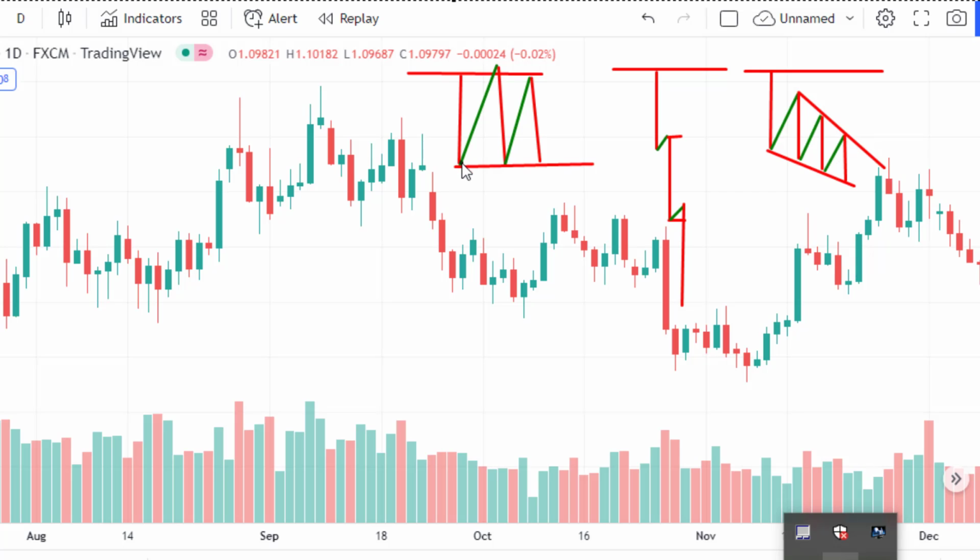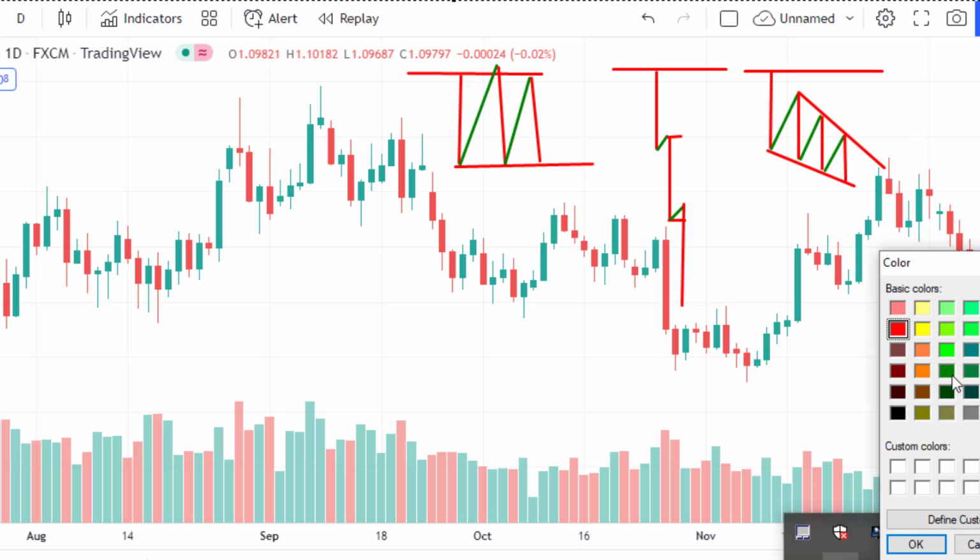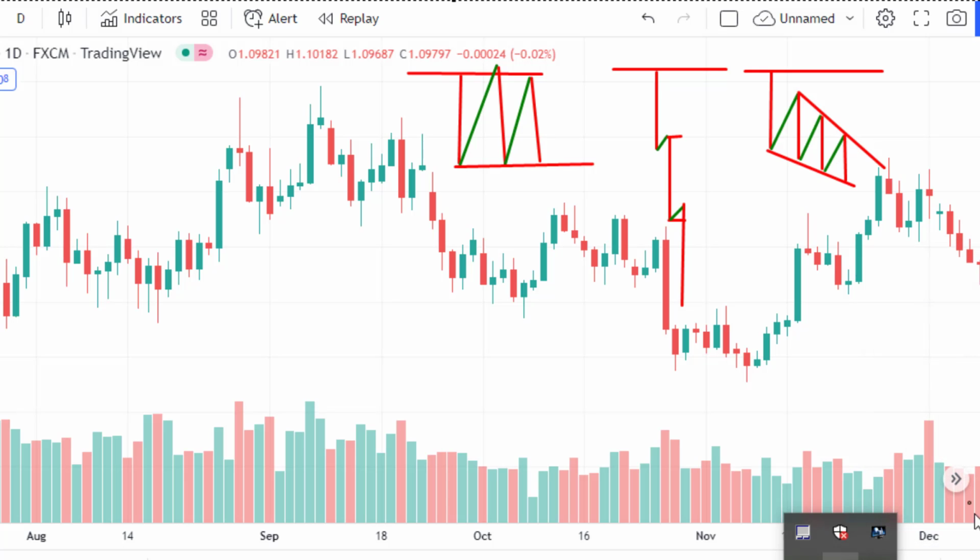It doesn't mean that the market directly goes up, there may be one or two reversals here also, after that the market goes up, but the final destination is this one, the resistance level. When the market hits this resistance level, the market falls down. When the market hits this support level, the market goes up. So when the market creates this type of situation, we can call it a ranging market, and we can call it a sideways market.